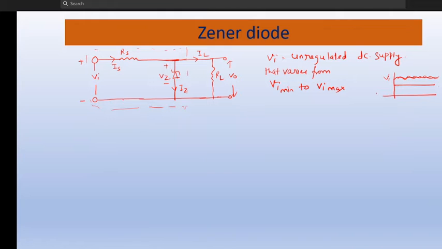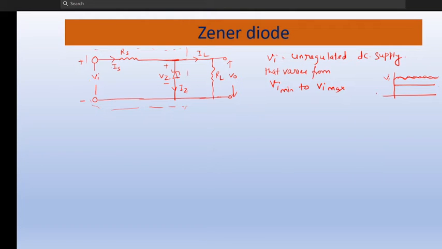So when you are applying an input signal which is minimum, there will be some value of Is. What will be the value of Is? Vi minus Vz, Vz is constant, Vi minus Vz upon Rs, right? Because if your supply voltage varies, this current will also vary, is it not?